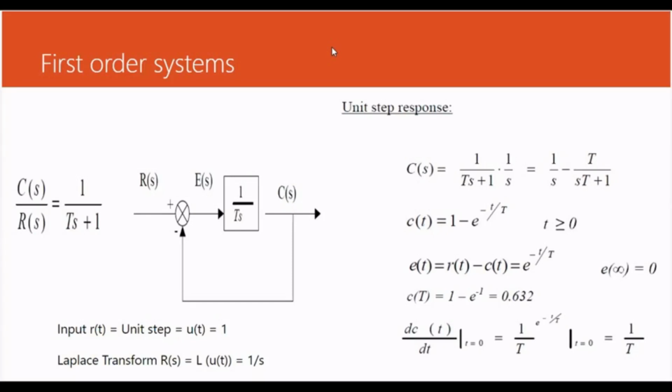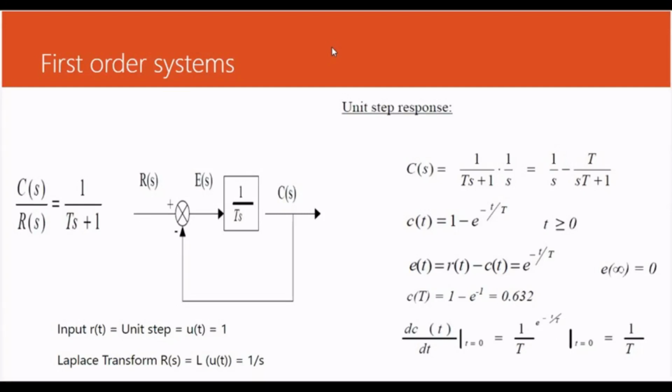So therefore, upon substituting the value, you can have E of T is equal to R of T minus C of T, which is equal to E raised to negative T over T, wherein your E at infinity is equal to 0.